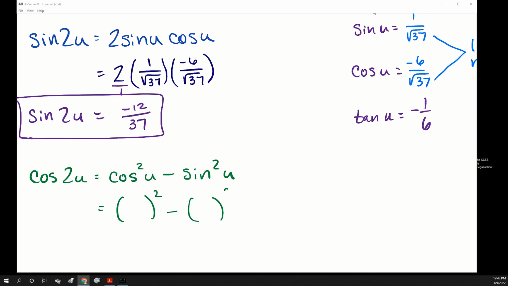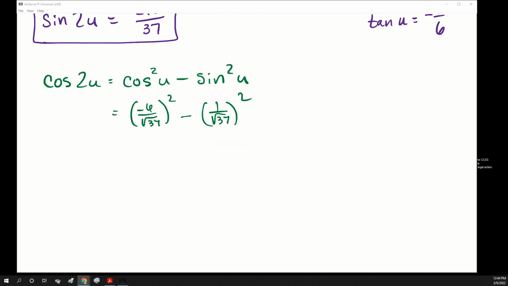Then I'm going to put in what the cosine of u and sine of u are, and then square that, and then subtract. Okay, so we square the numerator and the denominator on both of these.